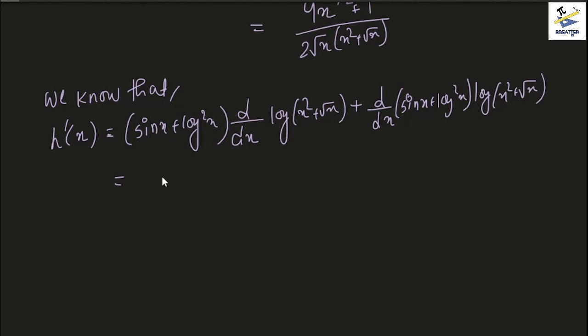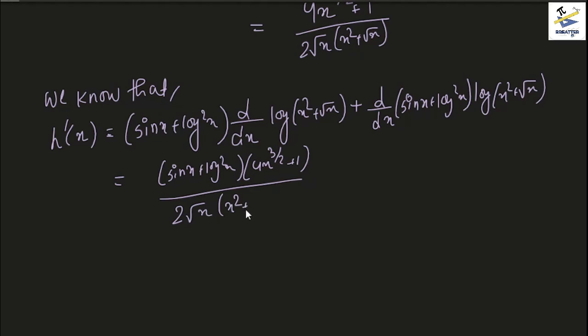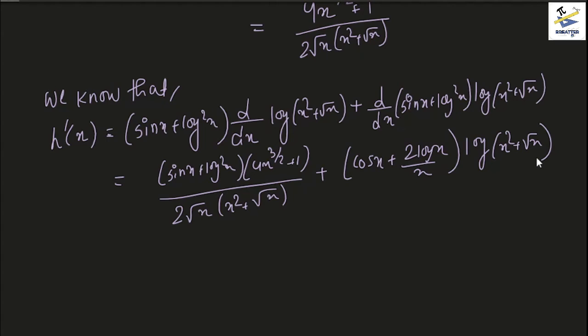So what we do get is this: sin x plus log square x into 4x to the power 3 by 2 plus 1 whole divided by 2 root x into x square plus root x plus, and the derivative for this is basically cos x plus 2 log x by x into log of x square plus root x, right?